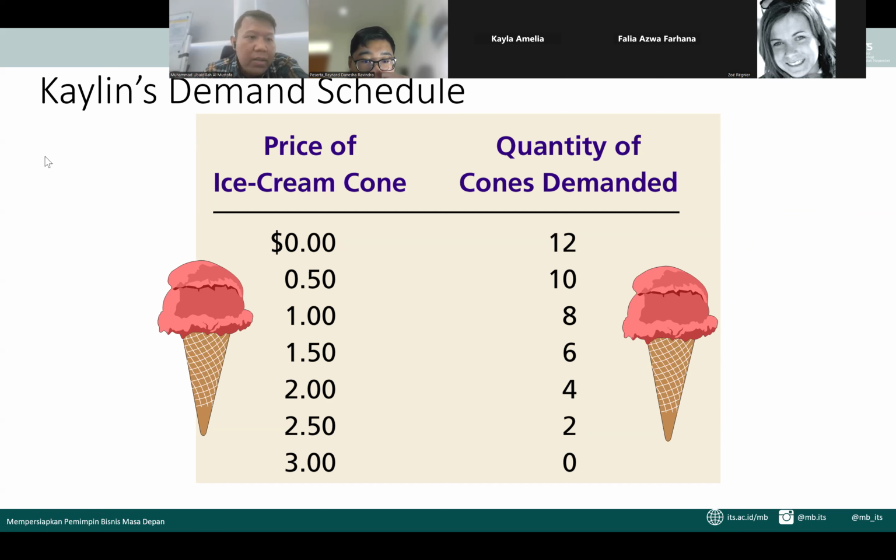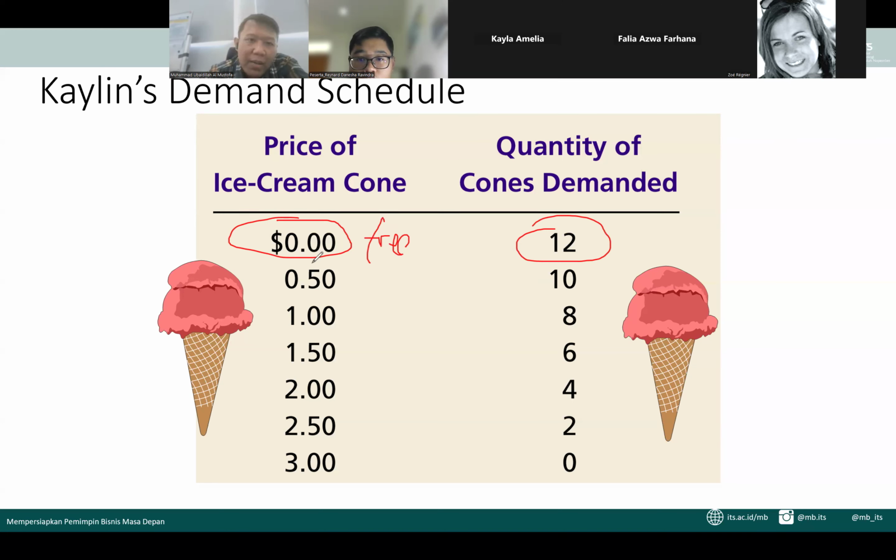All right. If the price of ice cream is $0, meaning free, she will demand 12 ice creams. Maybe she will eat 1, 2, 3 ice creams, and then she will give the others to somebody.